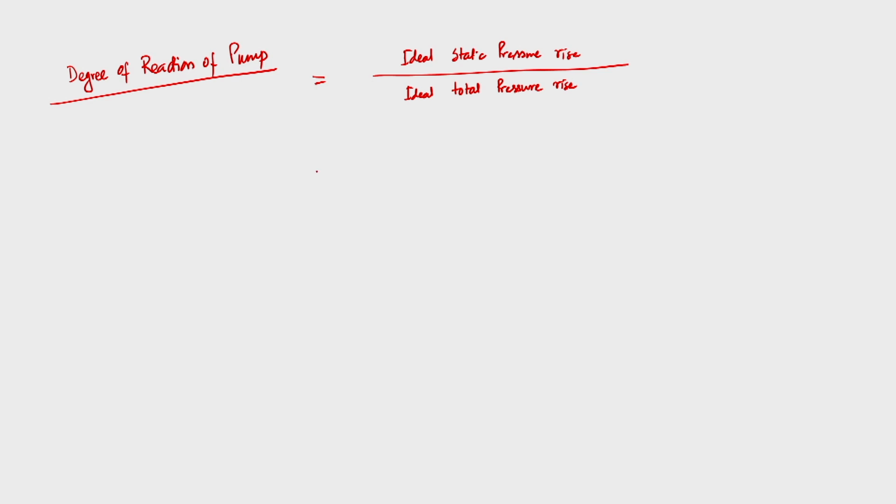Now we know that the total pressure rise is equal to static pressure rise plus dynamic pressure rise. That means static pressure rise is total pressure rise minus dynamic pressure rise.